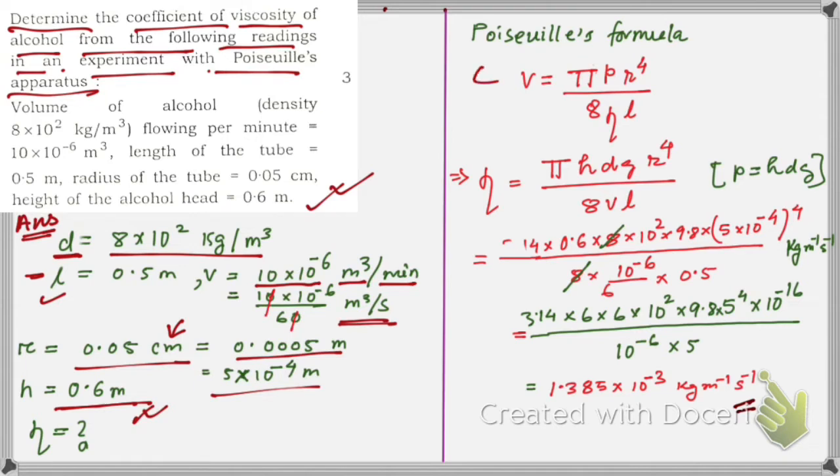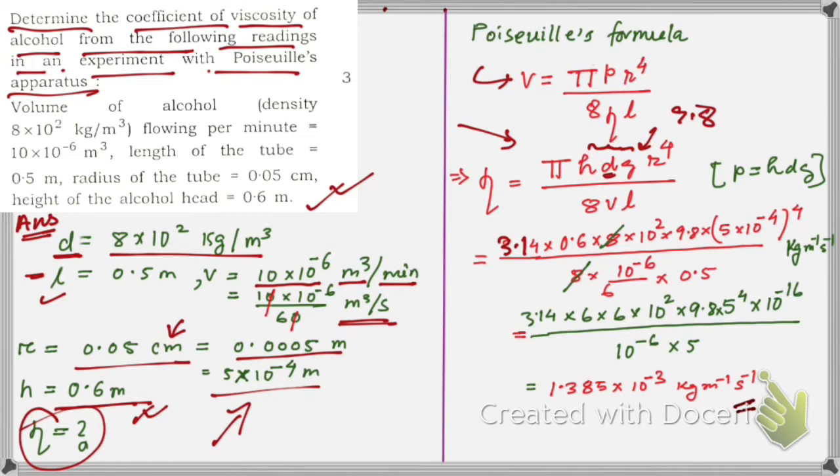So here is the Poiseuille's equation, V is equal to pi P r to the power 4 by 8 eta l. P is the pressure difference, which is given by h d g. d is the density here, and g is the acceleration due to gravity, that is 9.8. Now if you put the values of these parameters, d, l, V, r, h, in this equation, with pi as 3.14, we are to find eta, that is the coefficient of viscosity.